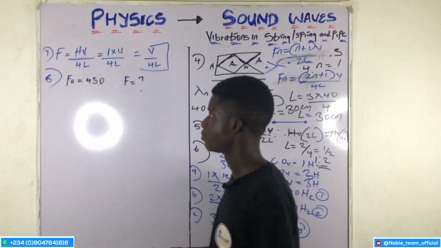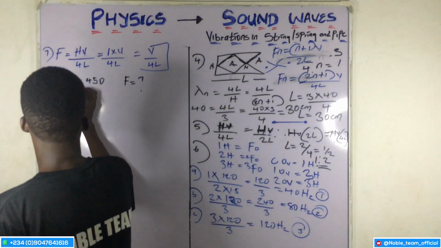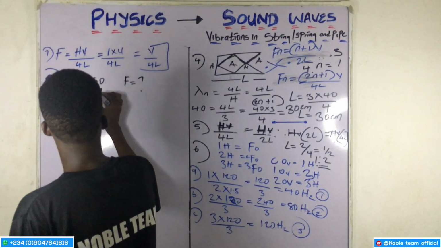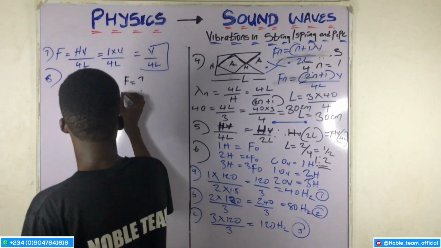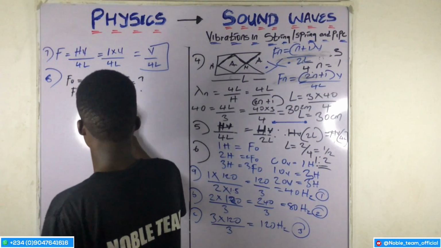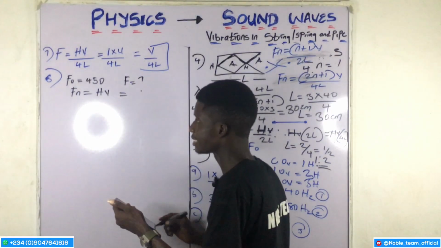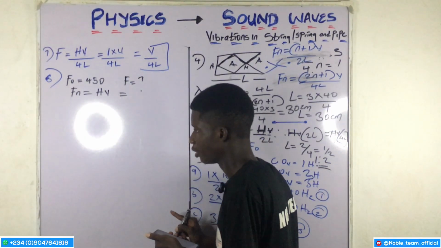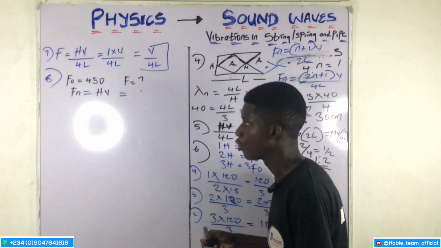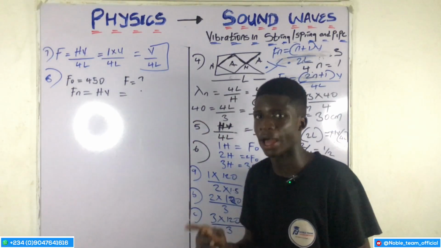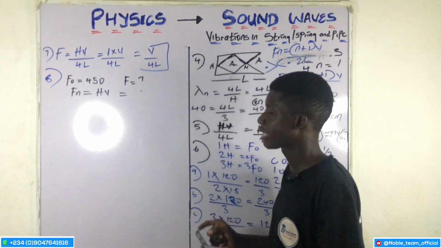Now, which formula are we going to be using? That F is equal to H times V. And our H here, since they said fifth overtone, and I said that a sonometer is an open pipe.